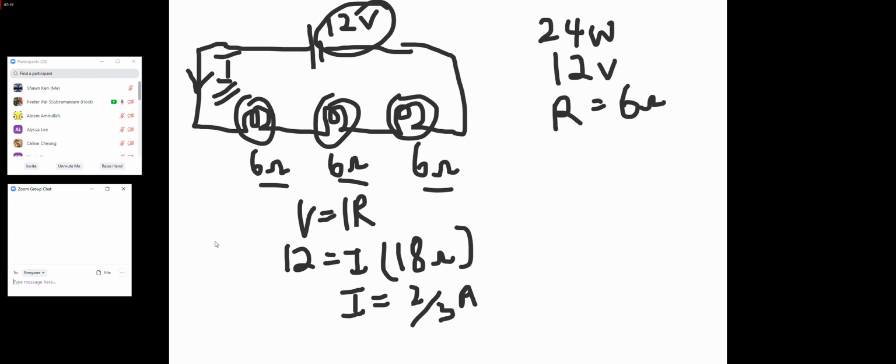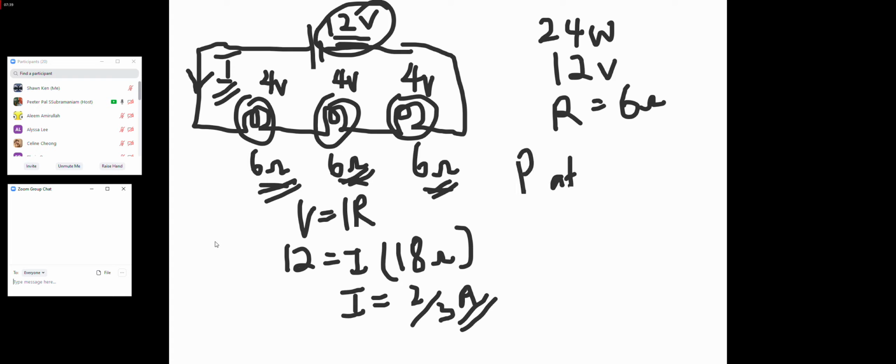The next thing to understand: if the source voltage is 12 volt and each of the bulbs is 6 ohms, each bulb will get only 4 volt. 4 plus 4 plus 4, we get 12 back. So what is the power at each bulb? Let's calculate.